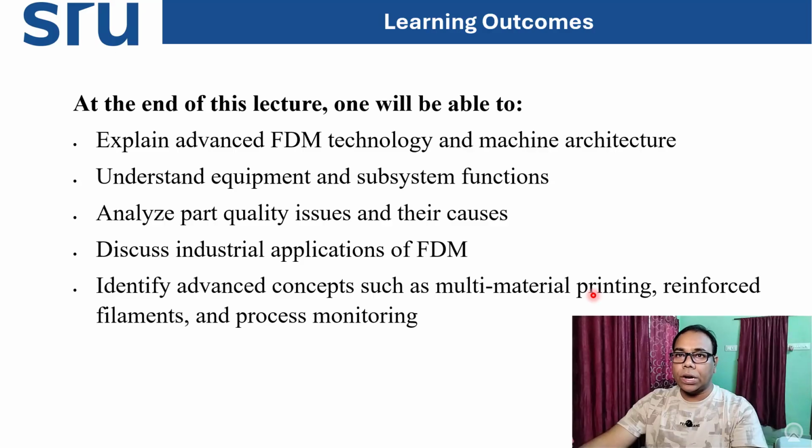For that, we require a dual nozzle. From one nozzle, one material will come, and from another nozzle, another material will come. Or sometimes one material is used for the main manufacturing of the part and another nozzle will be used for the support structure. That is the concept of the multi-material printing process.